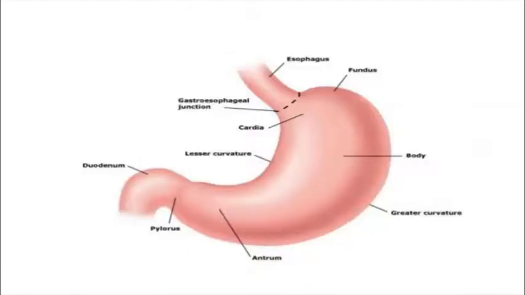The stomach. The stomach is a J-shaped dilated portion of the alimentary canal. The stomach is divided into cardiac, fundus and pyloric parts. It is really important for the breaking down process, as well as being a storage tank for the food.